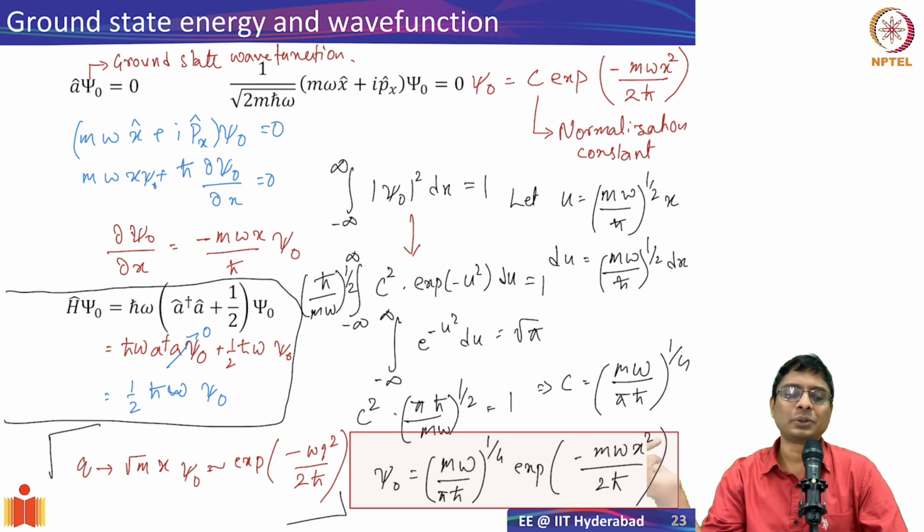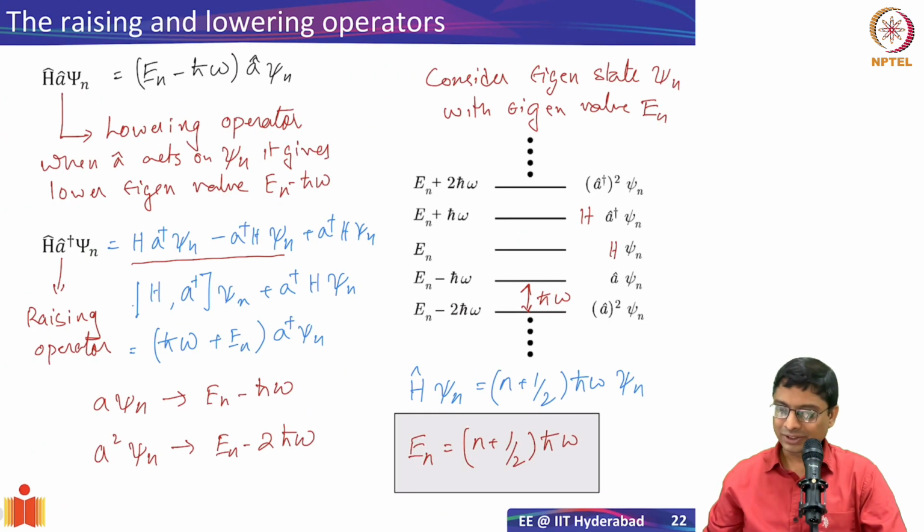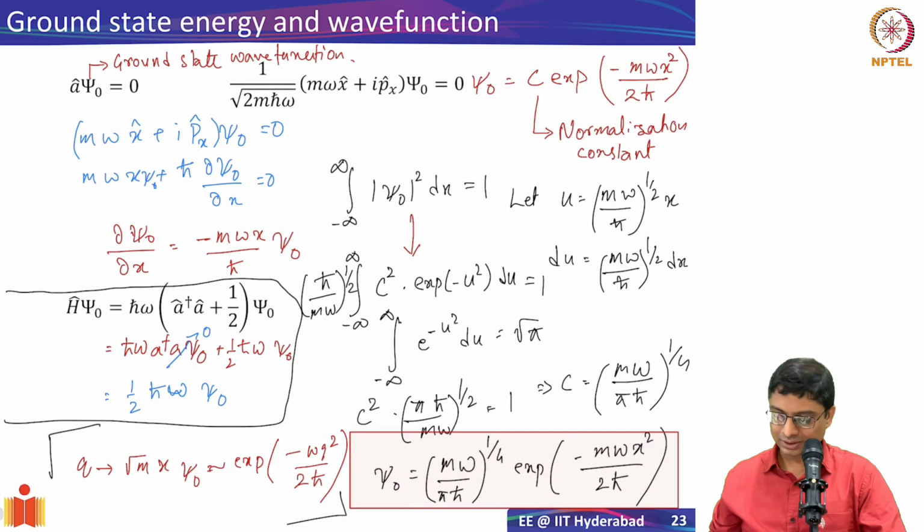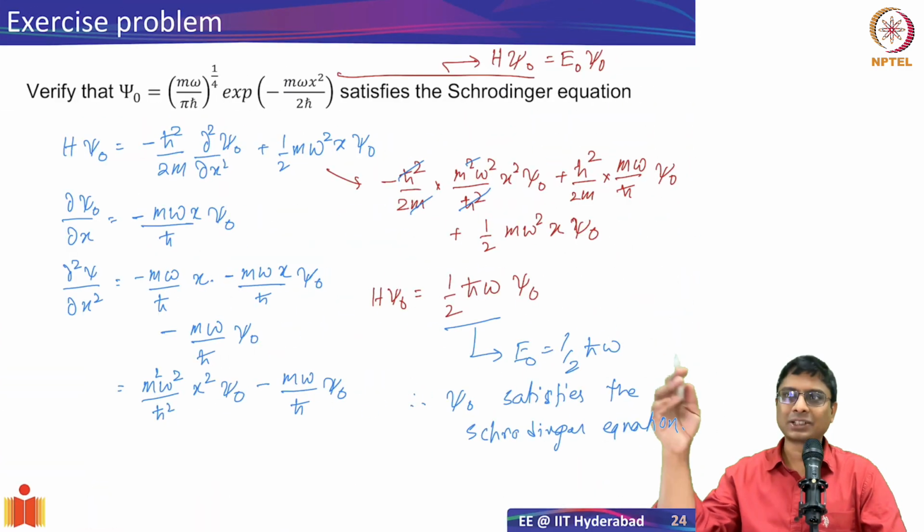If you try to make a parallel with the original particle in a box problem, you have a potential given, and then we solve for the energy eigenvalues and the wave functions. In a square well with infinite potential, it's simple. Now the potential is different. The potential now is half k x square, essentially.